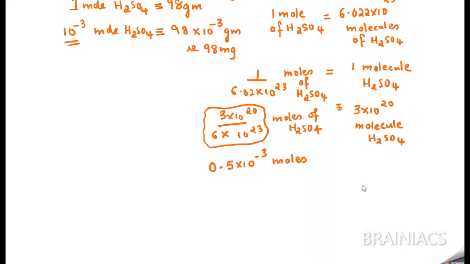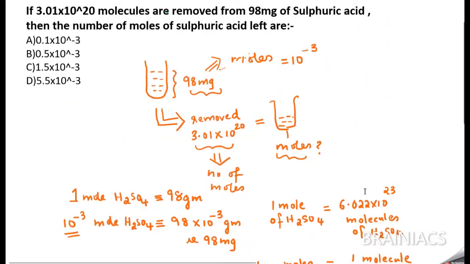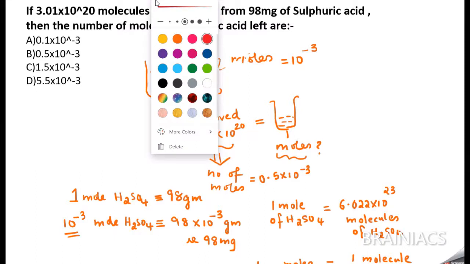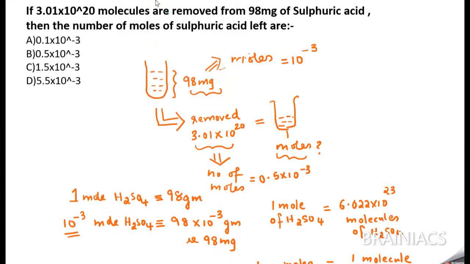So I now know that the number of moles removed is 0.5 into 10 power minus 3. What is then finally left behind? The amount left behind is equal to 10 power minus 3 that was initially present, minus 0.5 into 10 power minus 3 that is removed.